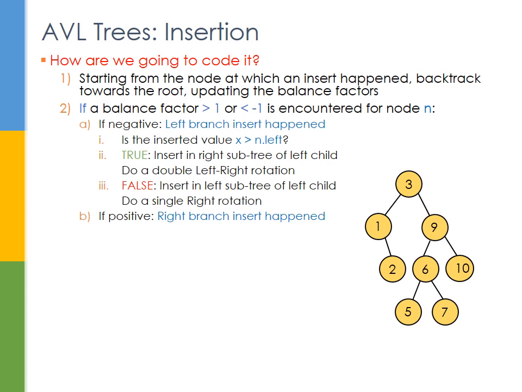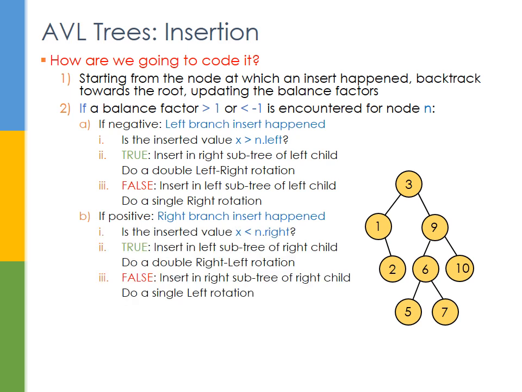Now, if x is greater than the value in the left child of the unbalanced node, then we know that we have inserted into the right subtree of the left child, and so we perform a double left-right rotation. If this condition is false, then we know that we've inserted into the left subtree of the left child, and so we perform a single right rotation.